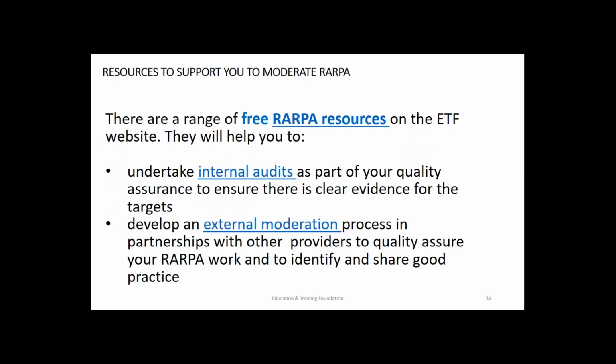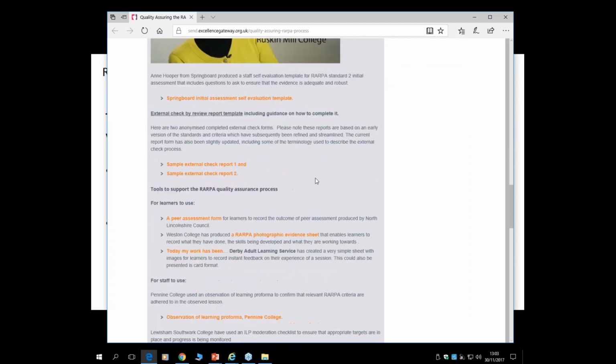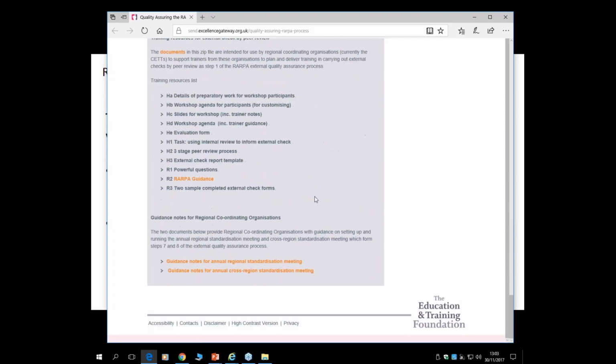Some of the resources that you can have to help you moderate the process. I'm just going to click on this one, and that should take us to the Excellence Gateway. If you scroll down, it tells you further down that there are some tools.